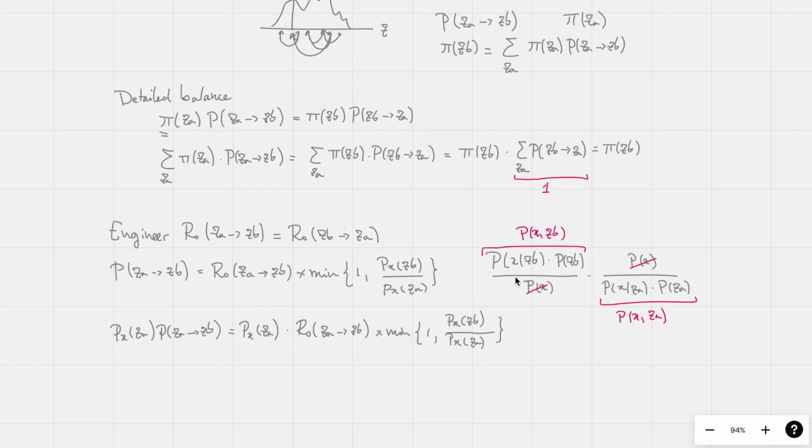And so the first thing that we're going to do is observe that R0 is symmetric. So we can write this as P(x, Za) times R0 of Zb to Za. And we keep this term here with the minimum of 1 or the ratio of P(x, Zb) divided by P(x, Za).